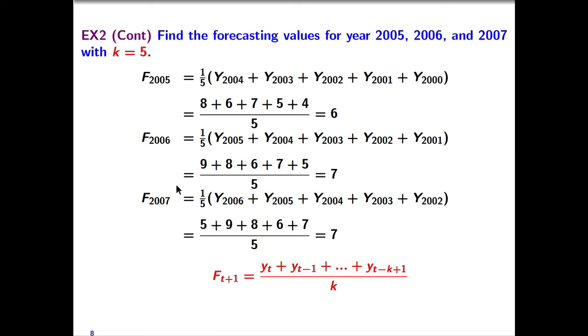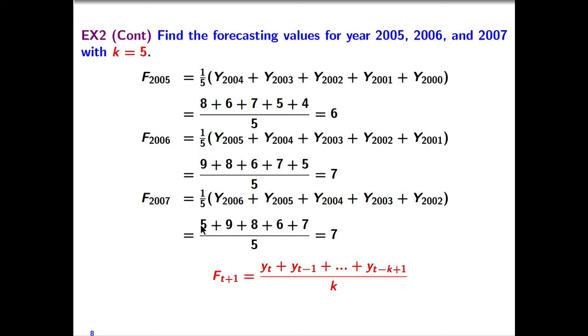And then again, similarly, you use this equation, F sub t plus 1 equals y t plus y t minus 1, all the way down to y t minus k plus 1, over k. You'll be able to find the forecasting value for 2007. And this is 1 over 5 times y 2006 plus 2005 plus 2004 plus y 2003 plus y 2002.